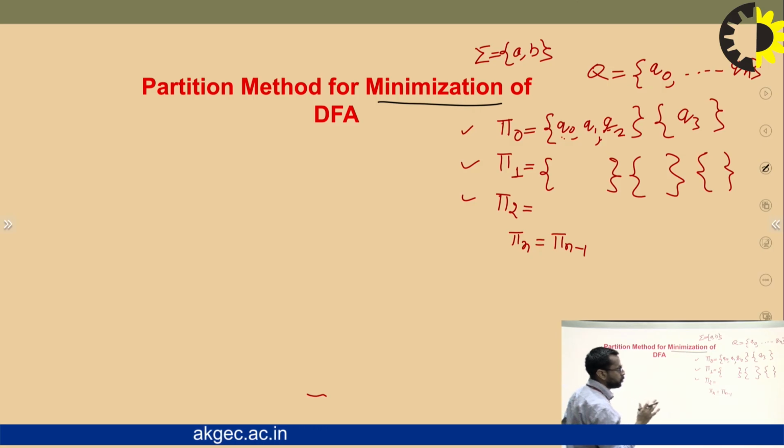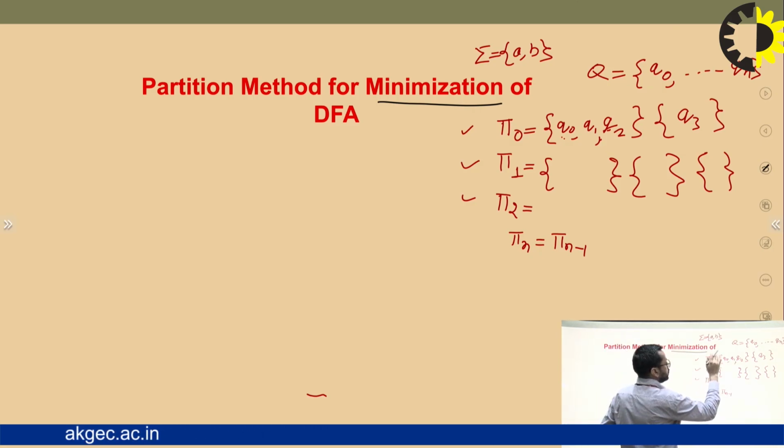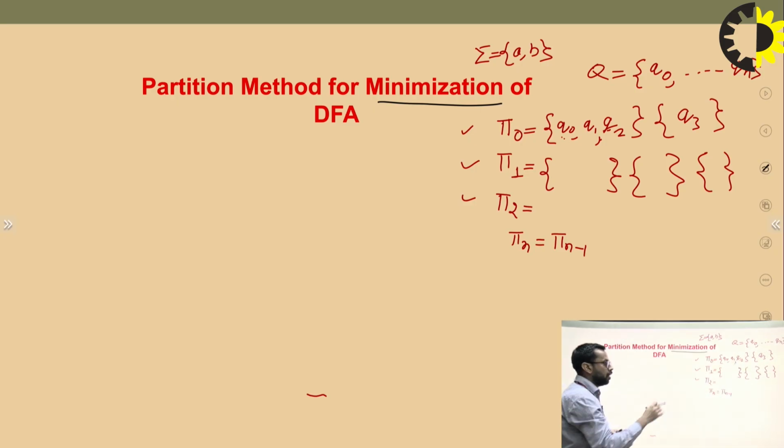So what will be the output? In the starting we have q0 to qn states, but after doing this process, we have fewer states than the starting states, and this is the basic principle of the partitioning method.